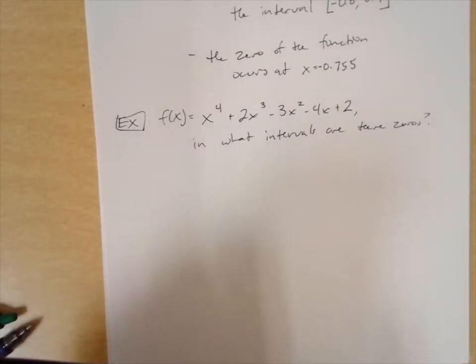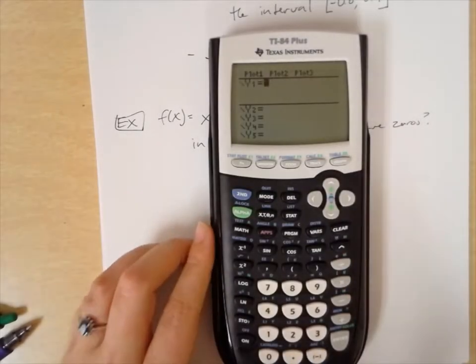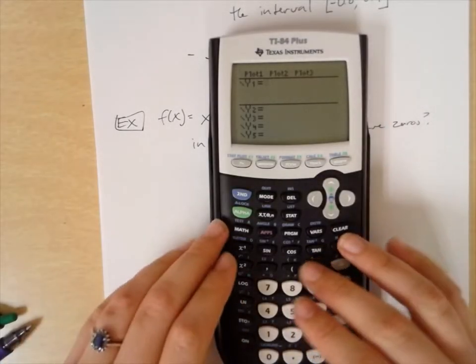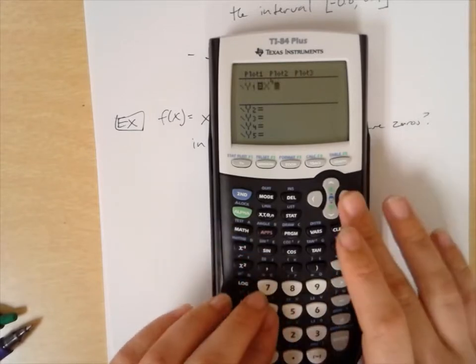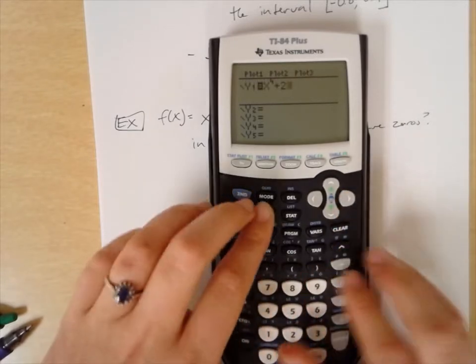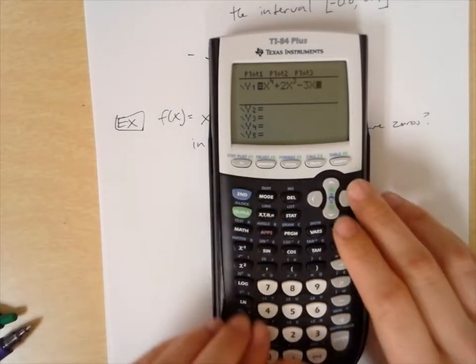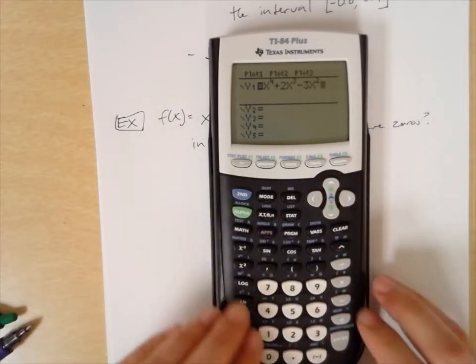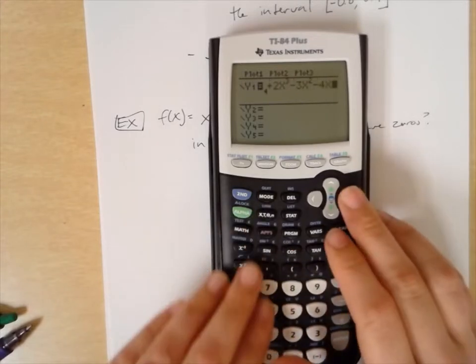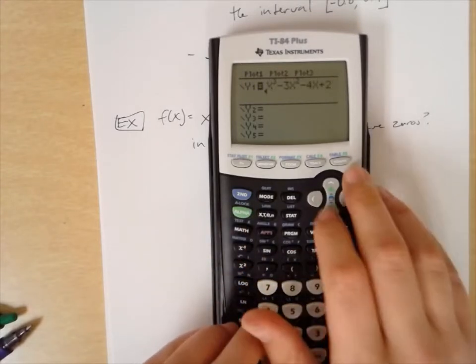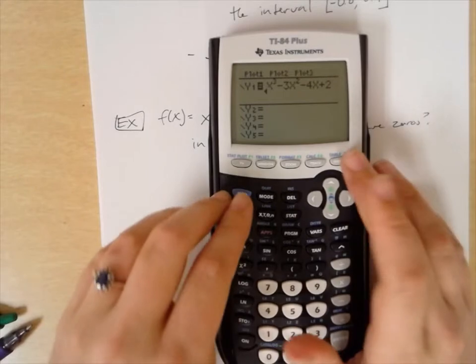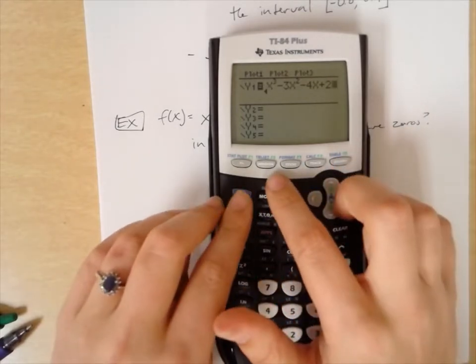So we're going to put it in our grapher again. And we're going to enter our function x to the 4th plus 2x cubed minus 3x squared minus 4x plus 2. And again, we're not going to go to graph right away. We're going to go to table set.